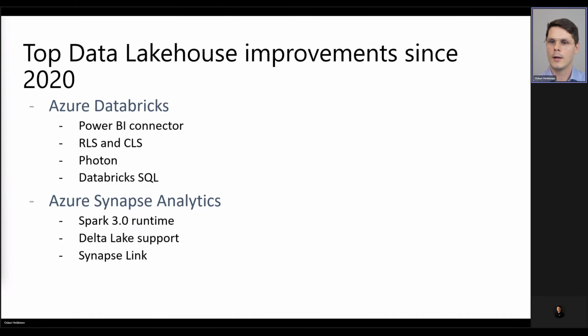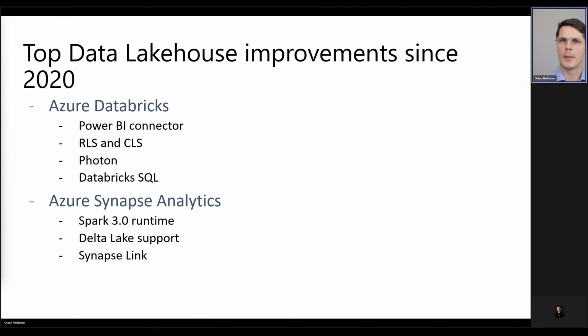For the past 6 months, on every single Power BI release notes, you will find mention that the Azure Databricks connector has had an update as well. So that's still improving all the time to get the data even faster from Databricks and from the data lakehouse directly to Power BI.